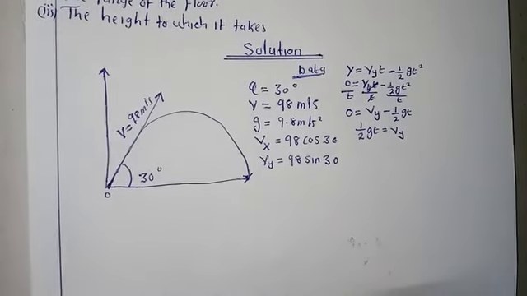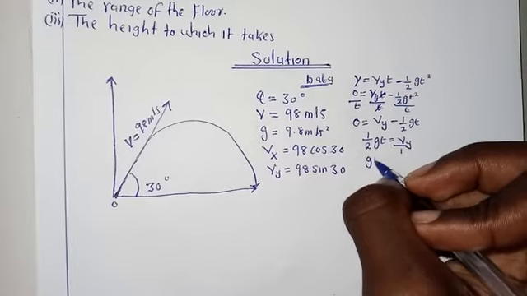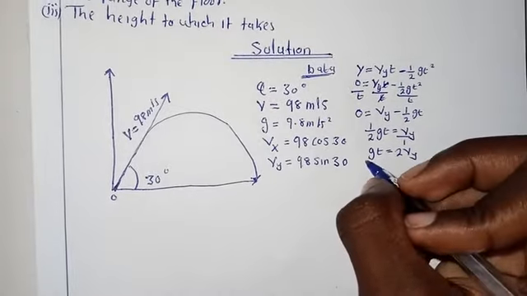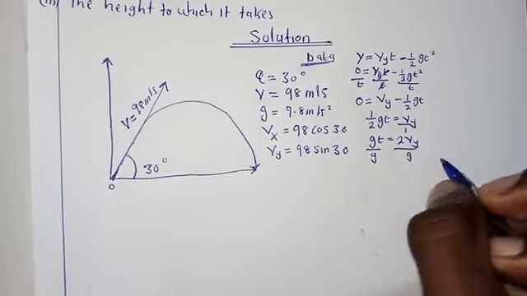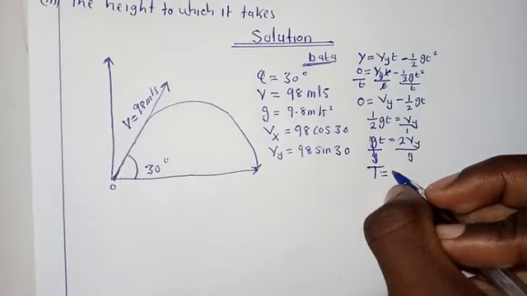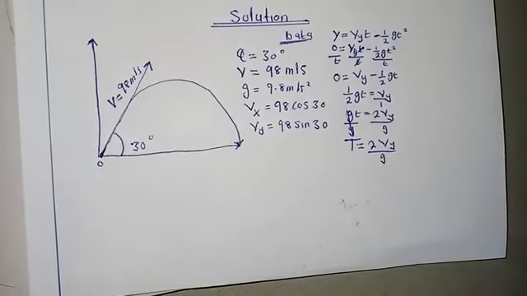Have you seen? If you cross multiply, you'll find that you're going to have g t equal to 2 Vy, then this over g, and therefore our time of flight is going to be 2 Vy over g, like this.